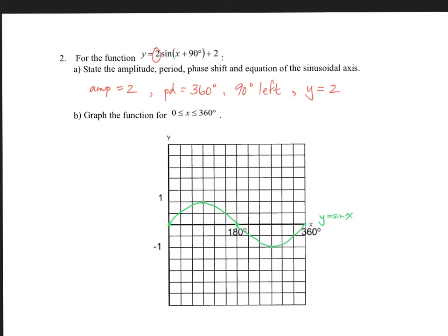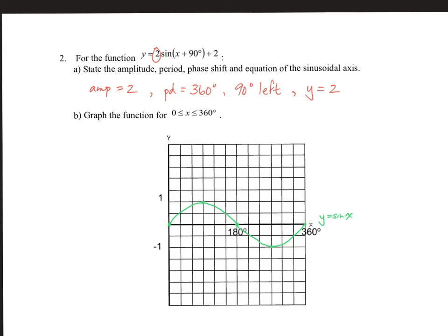That means it's not going to move. We then need to shift it to the left 90. Well, as soon as I go to shift that left 90, that key value is off the graph, which means I don't plot it. Now, it doesn't mean that I ignore it. I can use it as confirmation, but I am never going to graph that point. So I'm going to then omit that.